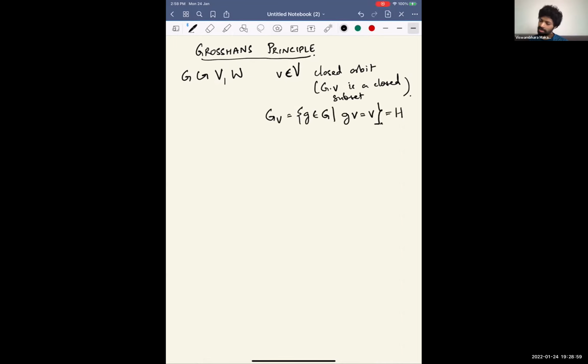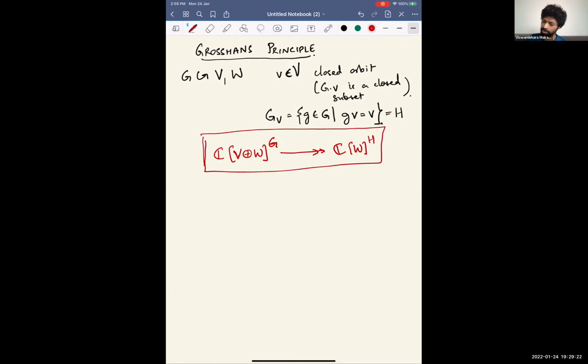And then Grosshans showed that there's this kind of surjection. You take the direct sum of these two representations and you look at the invariant ring, and there's a surjection onto just looking at the second representation and the action of the smaller group, which is the stabilizer.